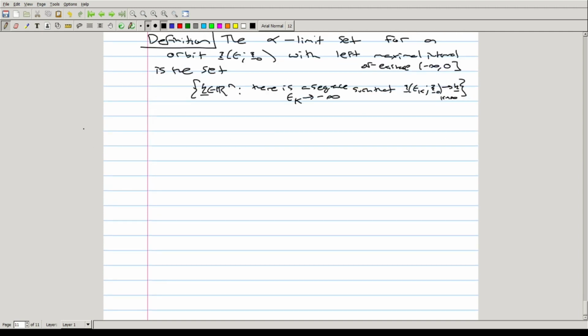But what we can go through and prove, this is done in the book, is a slightly stronger theorem than before, or I should say a slightly weaker theorem, because it applies to more general cases.